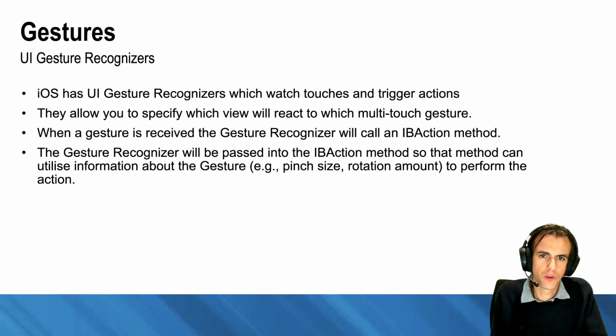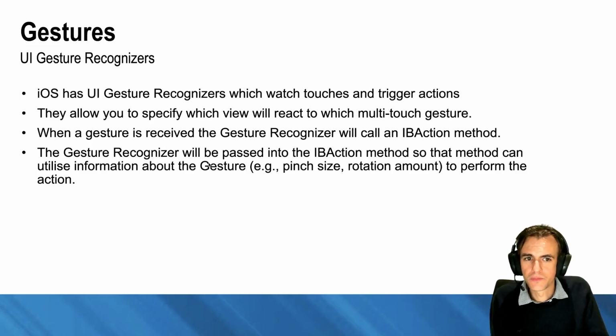You can also set up action connections. In the same way that we've connected buttons to our code, we can do the same thing with gesture recognizers, and these can trigger IBActions.